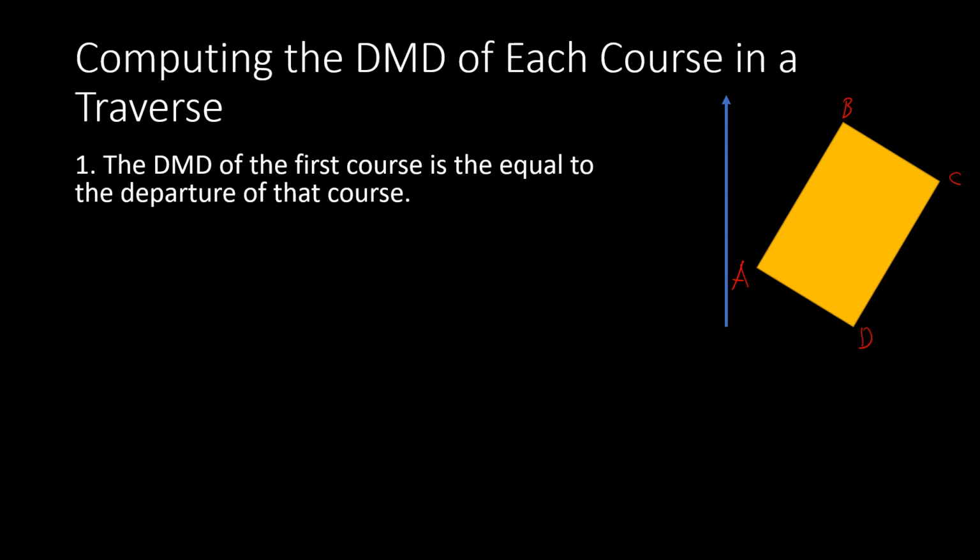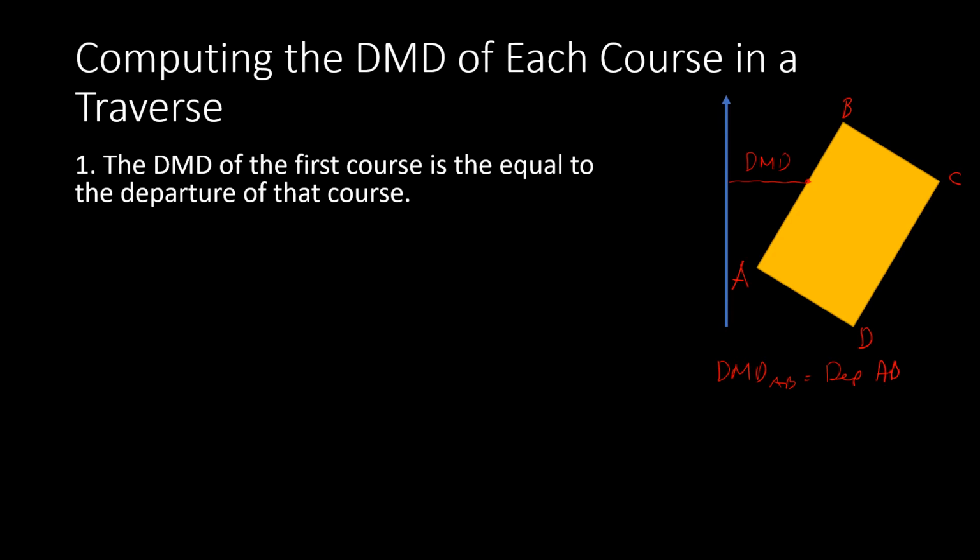For line AB, this is the DMD. And that DMD of line AB will be equal to the departure of line AB.